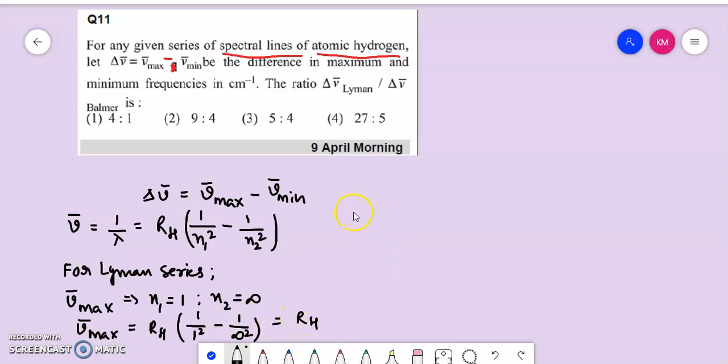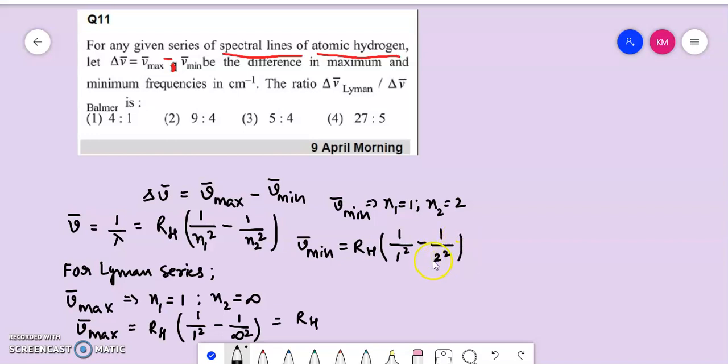That will give you RH. Now similarly, nu bar minimum for the Lyman series only. For minimum, the n1 value will be equal to 1 and n2 will be 2. It is the first energy level, that is the minimum, no? Then nu bar minimum will be equal to RH of 1 by 1 square minus 1 by 2 square, that is 4, of course. If you calculate it, you get 3RH upon 4.